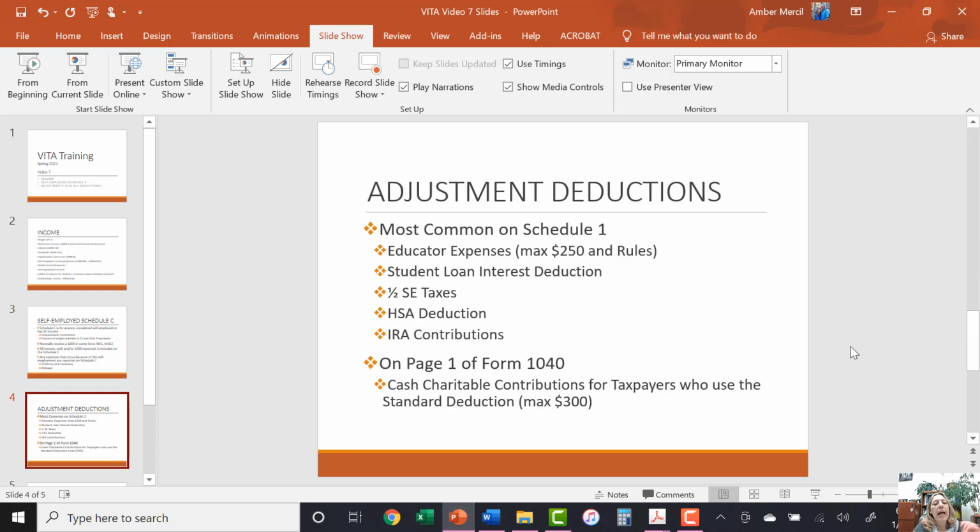Our last slide before we get to the basic exam is adjustment deductions. In our tax return, we report all of our income, and then we start to take away pieces of the income so they're not taxed. That's what deductions are. And we have two kinds of deductions. We have things called adjustments, or for-AGI deductions.